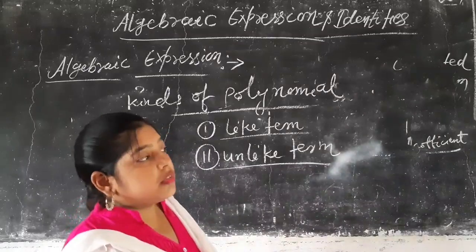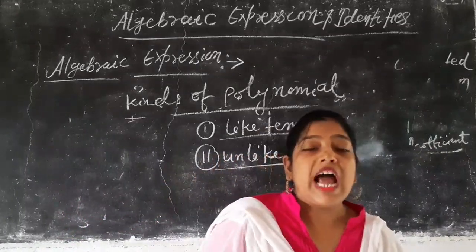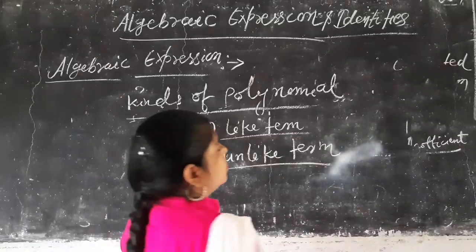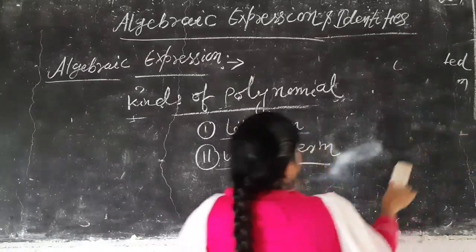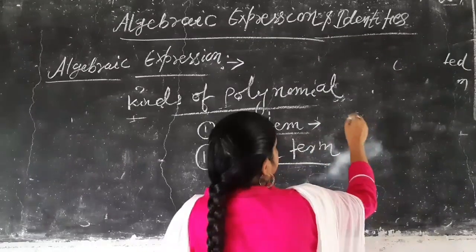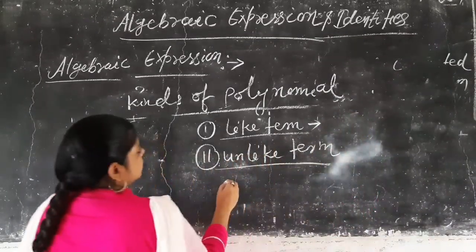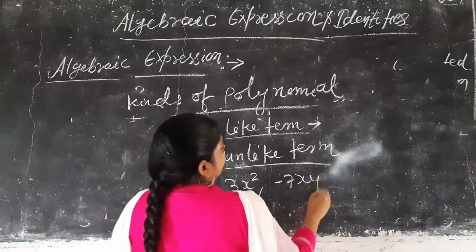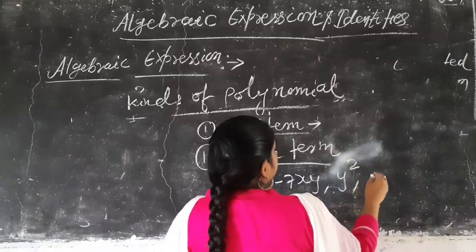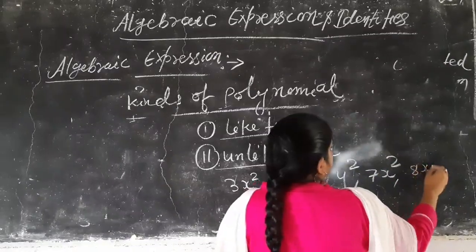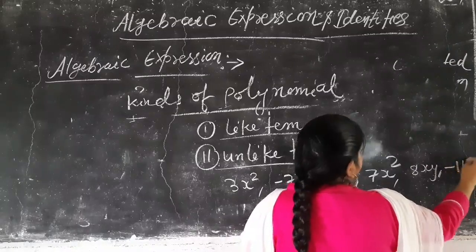Like terms: two terms are like terms if they have the same literal factors. Now we write some examples of like terms. For example, 3x square, minus 7xy, y square, 7x square, 8xy, minus 11x.